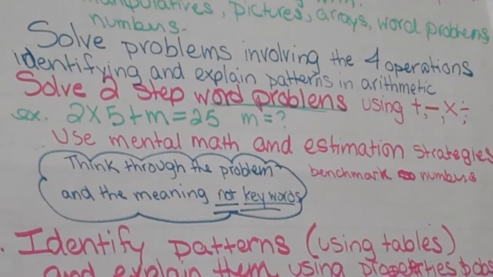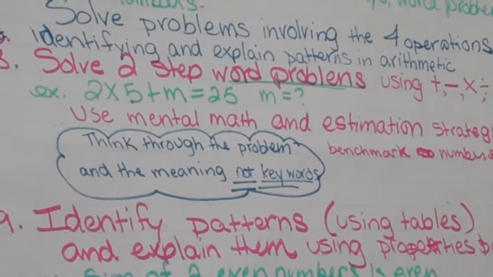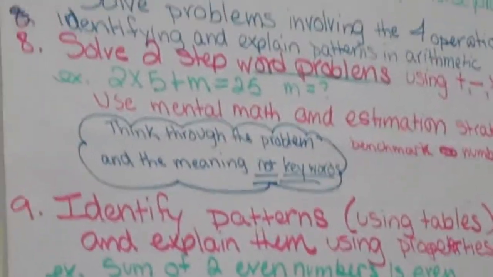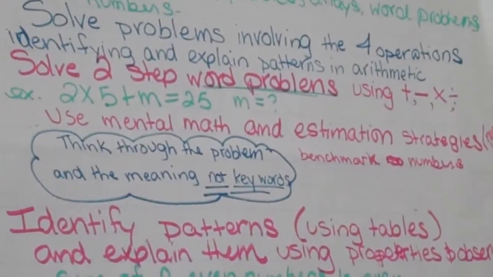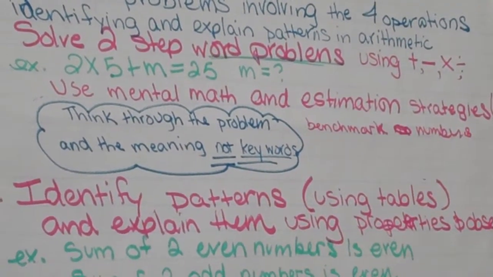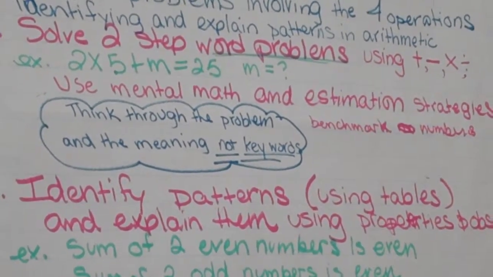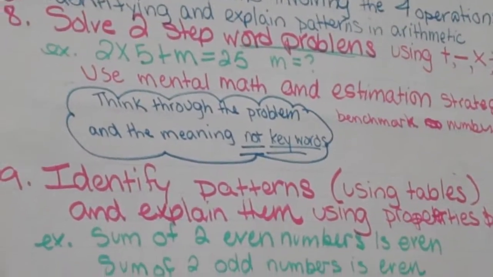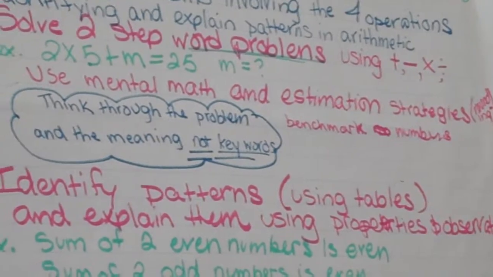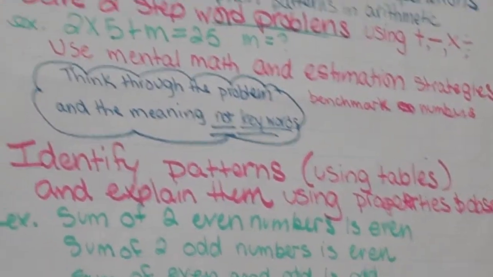The next section had to do with solving problems involving the 4 operations, identifying and explaining patterns in arithmetic. So the 2-step word problems would use all 4 operations, and it might give you a story problem, and then the math part that you might have to do would be something like 2 times 5 plus m equals 25, where m is the unknown.